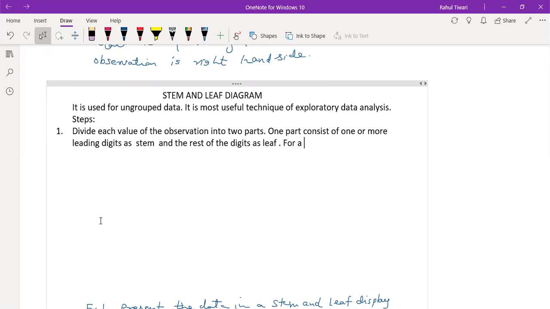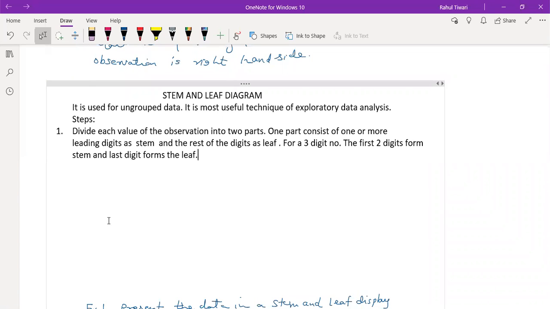For a three digit number, the first two digits form the stem and the last digit forms the leaf. क्या बोल रहे हैं यहाँ पे मैं? अगर मेरे पास दो digits है, so one can easily get what will be stem, what will be leaf.